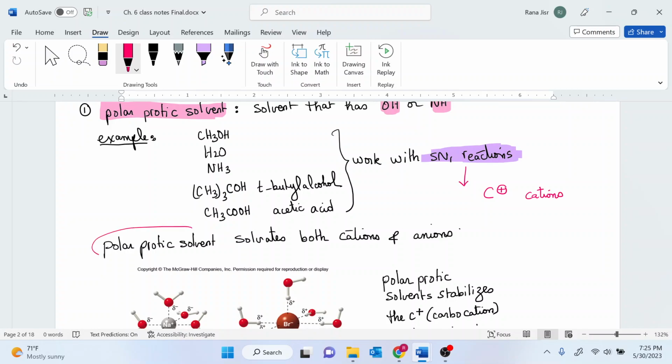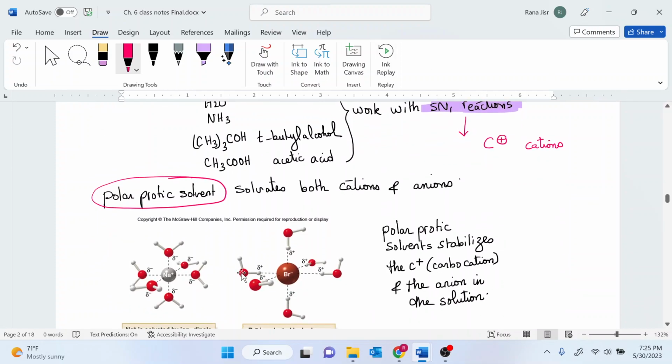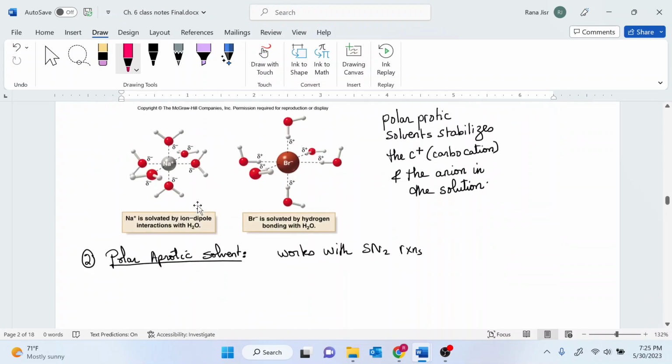The polar protic solvents are especially important for cations because what they do is that they wrap themselves around the cation and stabilize the cation. So this is why it's very important whenever you are working with SN1 reaction to use a polar protic solvent.